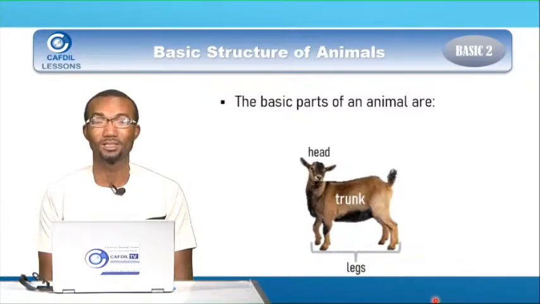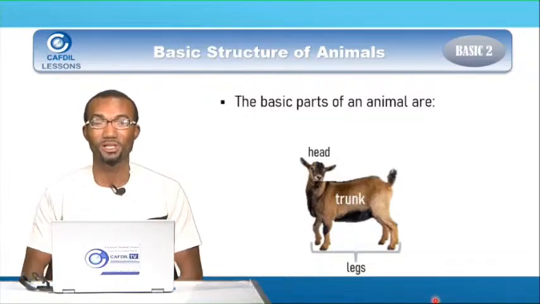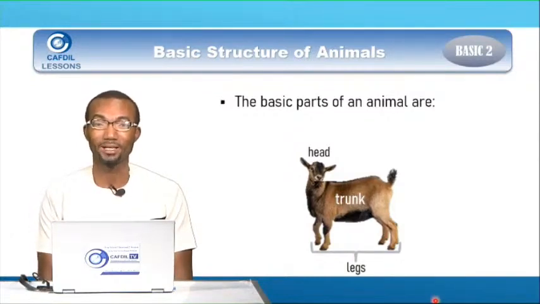And we also looked at the parts they perform. If you look at the head, the eyes, the ear, the mouth, the nose are all found on the head. The trunk, which forms the main body of the animal, has the chest, the stomach, the back, and then the waist. And then the limbs, also called the legs.